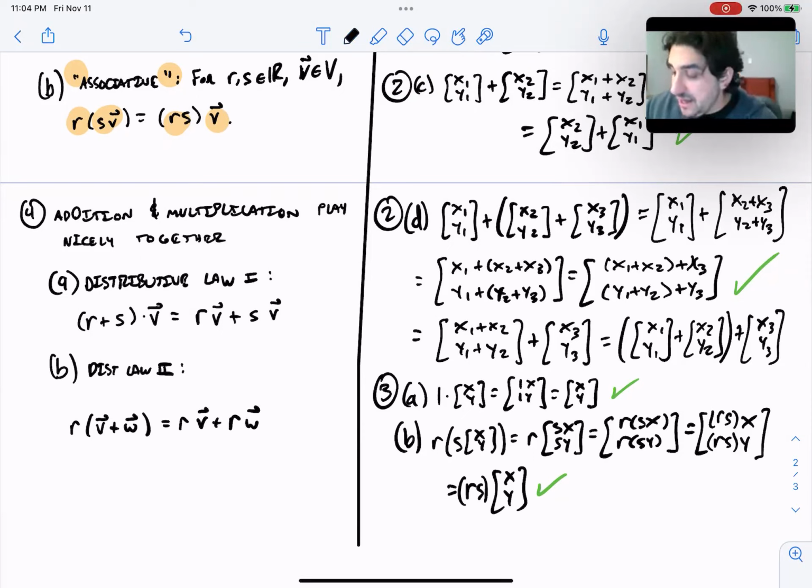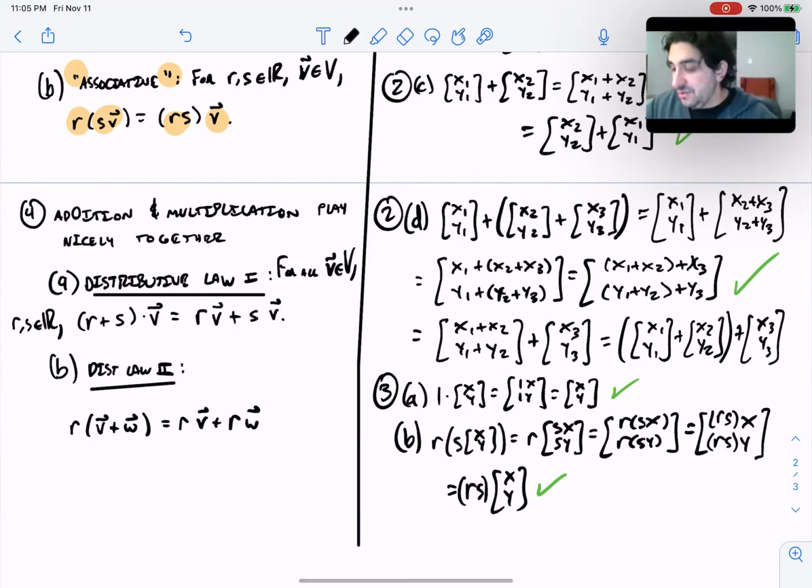And this is for all vectors v and for all scalars r and s. This has to be true. This has to be an identity for all real numbers and all vectors in your vector space. And same thing here: this is for all vectors v and w and all real numbers r. This has to be the case. So these are the two distributive laws.